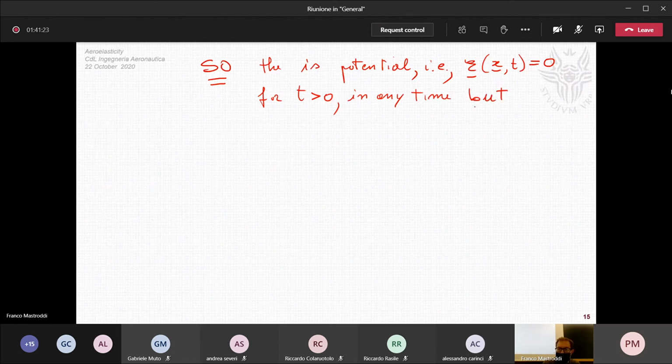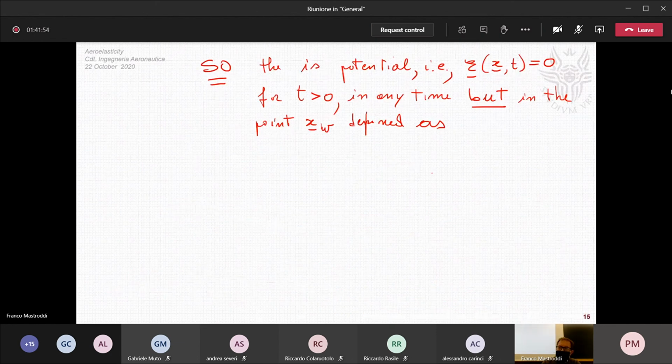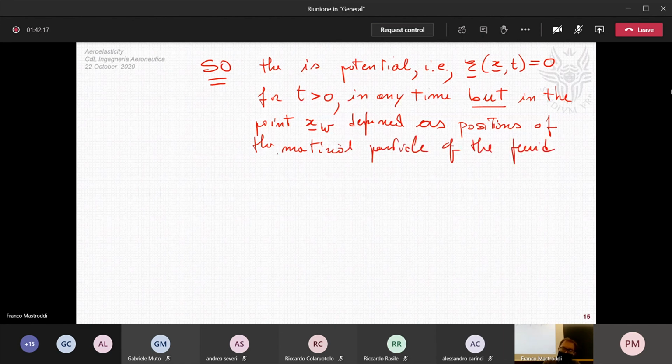But in the point x in the wake, defined as the positions of the material particles of fluid leaving the trailing edge.